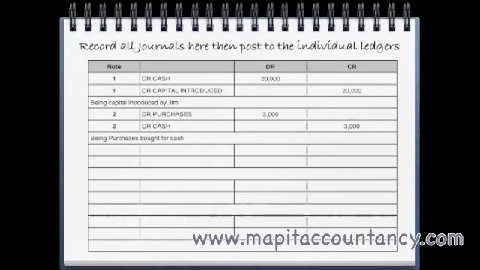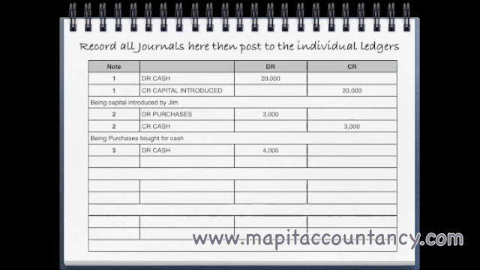So we're now looking at note 3, and note 3 tells us that sales of 4,000 were made for goods that had cost 2,500. So sales of 4,000 were made for goods that cost 2,500. Well, it's really just the sales we need to deal with here. We're ignoring inventory for these purposes.